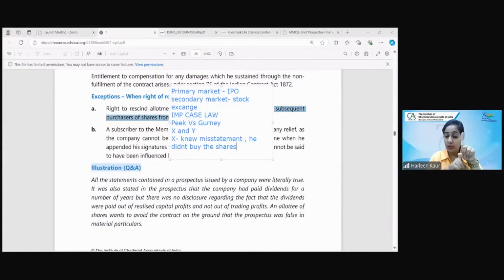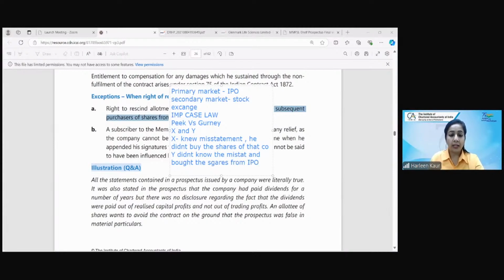Primary market is when you're buying the shares at the time of IPO. Secondary market is when you're buying the shares from the stock exchange. Peek versus Gurney: there were two investors, X and Y. X knew about the misstatement and he didn't buy the shares of that company. Y didn't know about the misstatement and bought the shares from the IPO.